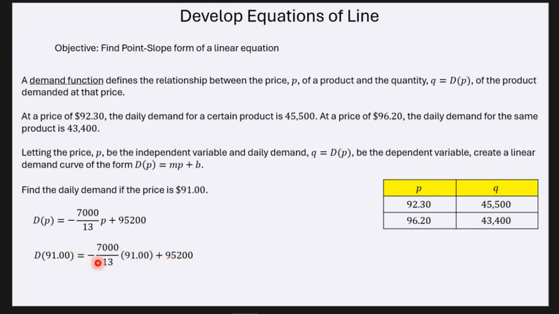I do this multiplication here, and I get negative 49,000. And then when I combine these like terms, I get that the demand at a price of $91 is going to be 46,200.